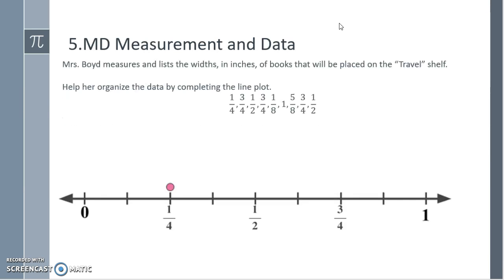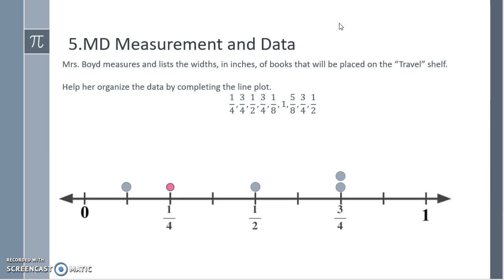Mrs. Boyd measures and lists the widths in inches of books that will be placed on the travel shelf. Help her organize the data by completing the line plot. 1/4 is already placed for us on the line. Then I need to place a dot at 3/4, one at a half, another at 3/4, and now to get 1/8, I also see that my whole unit line is also divided into eighths as well.